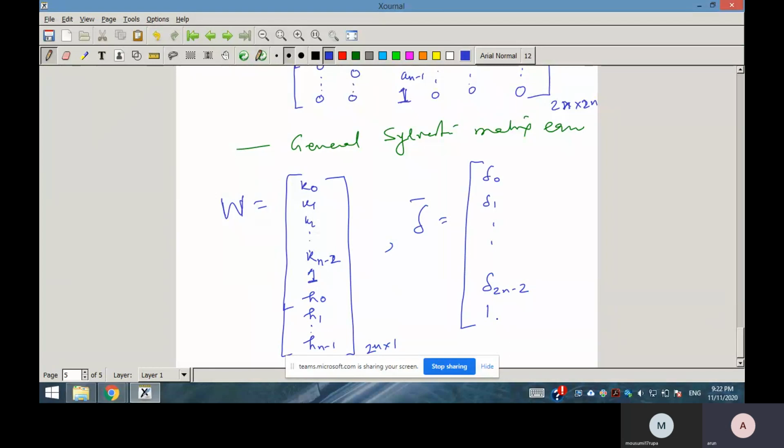Delta of 2n minus 1 is 1, that is a monic polynomial. So it will be like this. This is 2n cross 1. Okay, so in this way, any general order controller you can design, any general pole placement you can make.